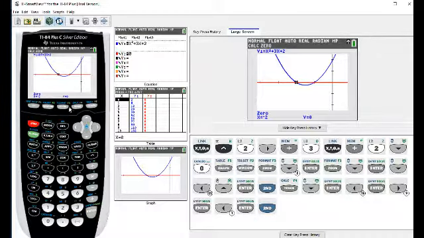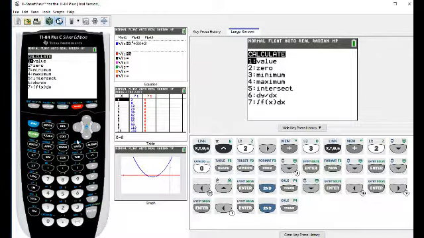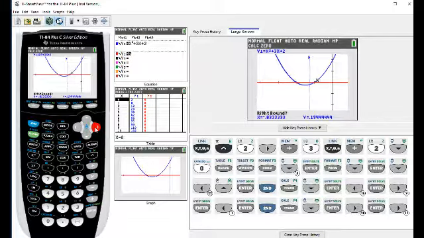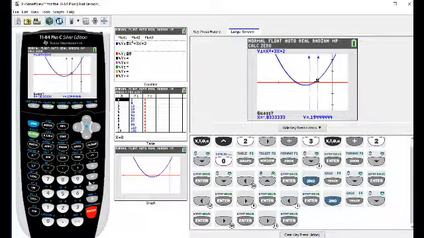Then go back to the calc menu. Back to 0. And then go over to your other point of intersection. Use the arrow keys to bracket in 0. And then get as close to the 0 as you can and hit enter.